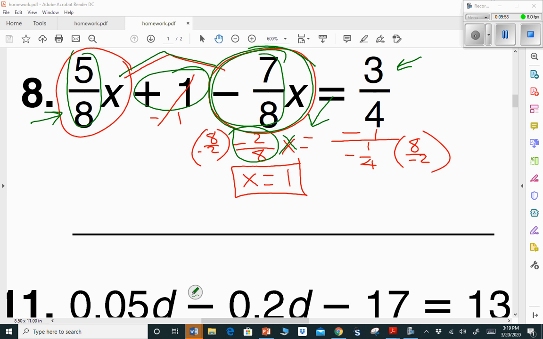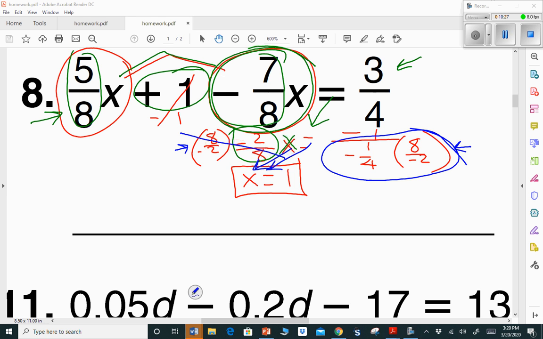Then in the next step, to get rid of any fraction in front of a variable, you multiply by the reciprocal. That means you flip the fraction. So 8 over negative 2 is multiplied on the left, so you also multiply 8 over negative 2 on the right. The whole point of doing this is to make that go away, leaving you with x. Bring down your equal sign, and then you have to evaluate this.